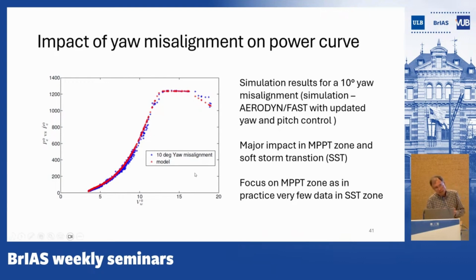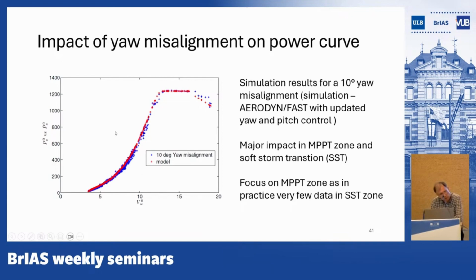So here, as it's difficult to have faulty data on which we have sufficient control, we have used a realistic wind turbine simulator developed by NREL. It's called Aerodyn FAST, and we have simulated 10-degree yaw misalignment.